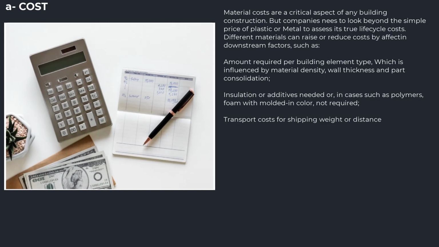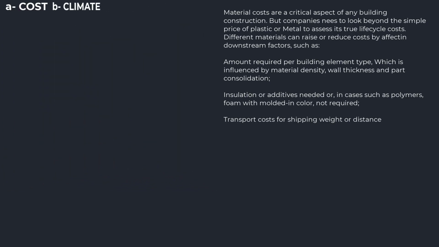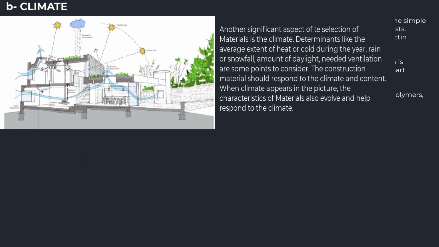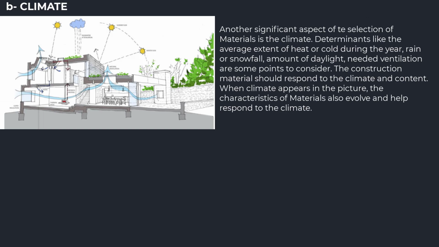So the cost of material is one crucial factor while choosing materials for construction, as eventually it will safeguard your building. Climate. Another significant aspect of the selection of materials is the climate.